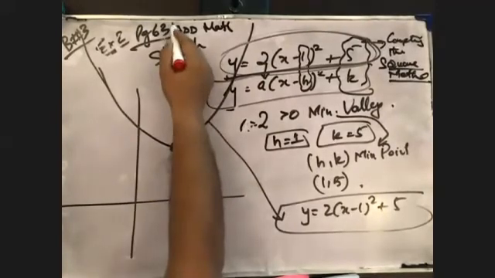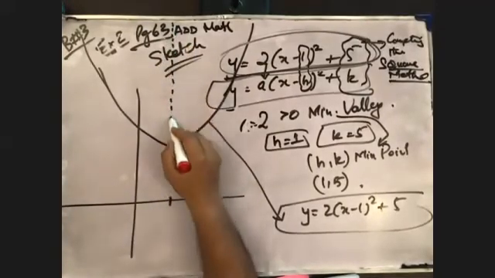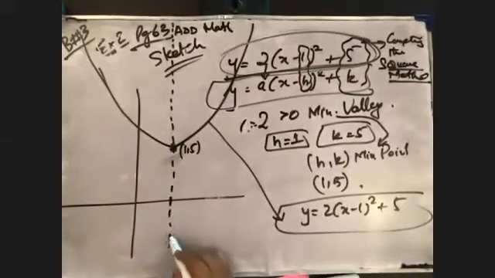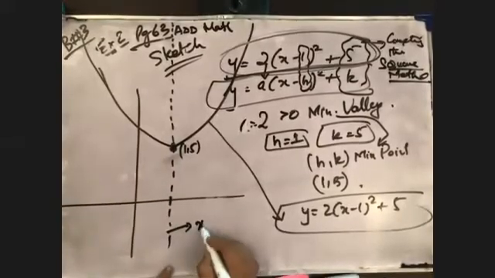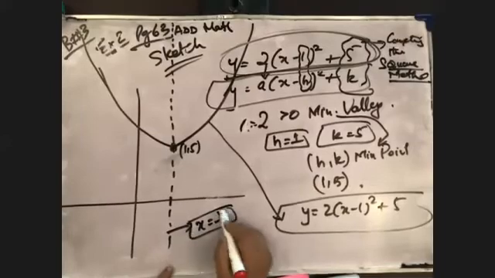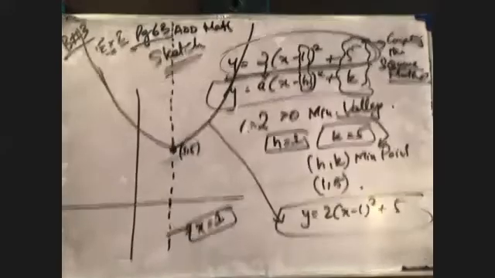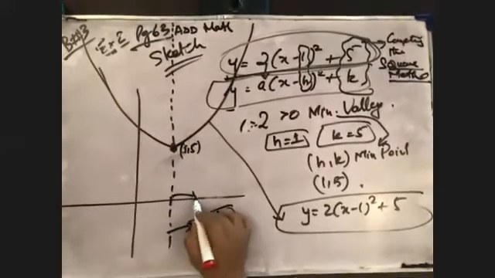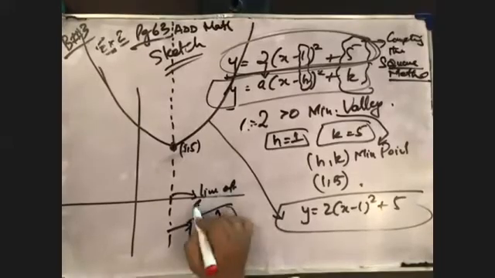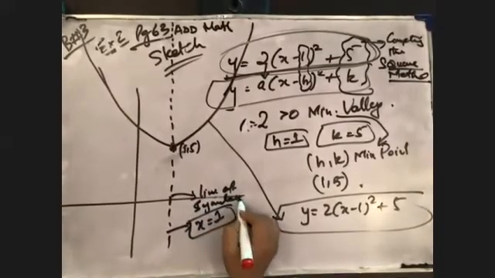If I ask you what is the line of symmetry of this graph, you will say this is the line x is equal to 1. This is the line of symmetry.